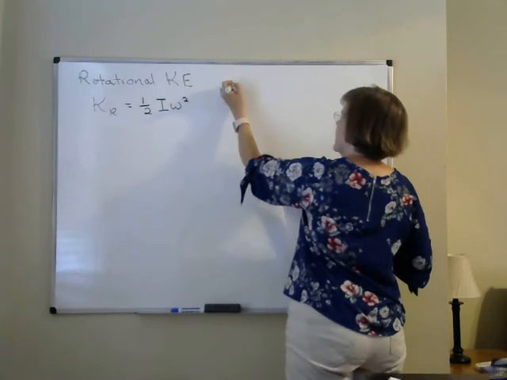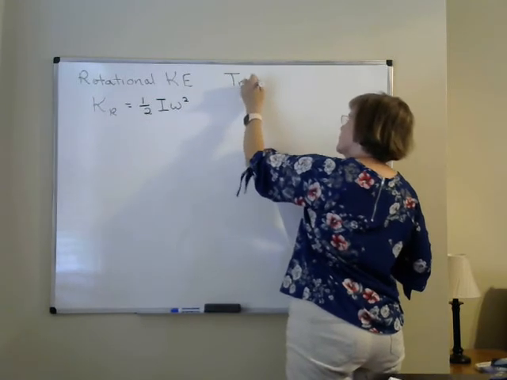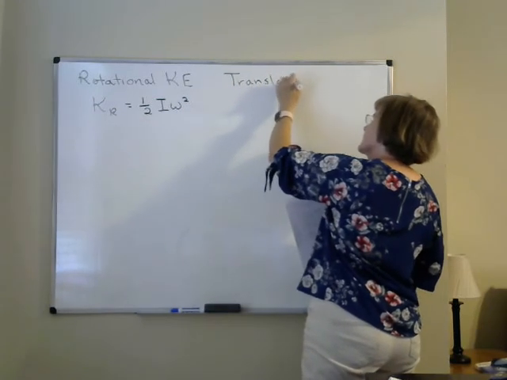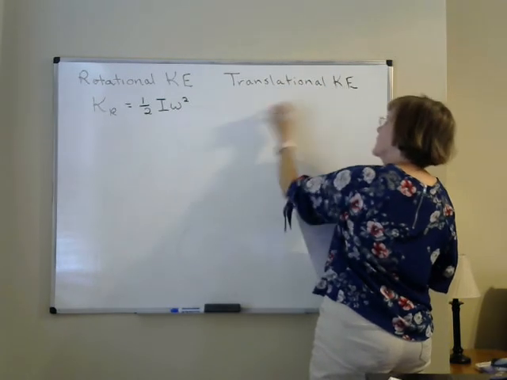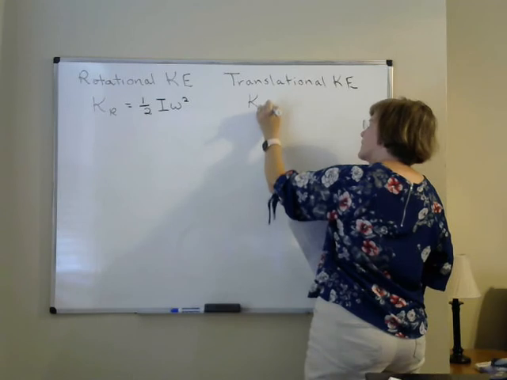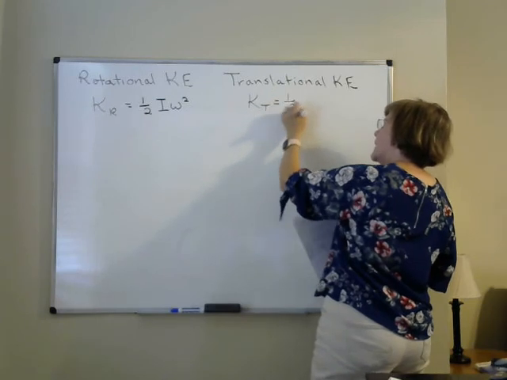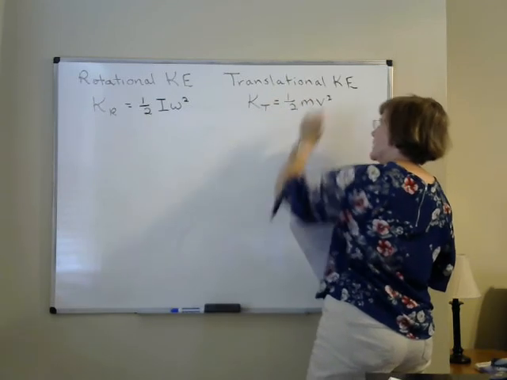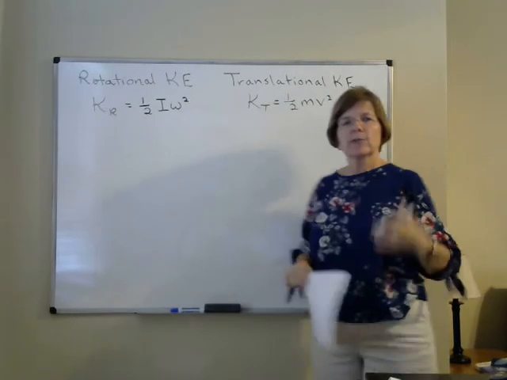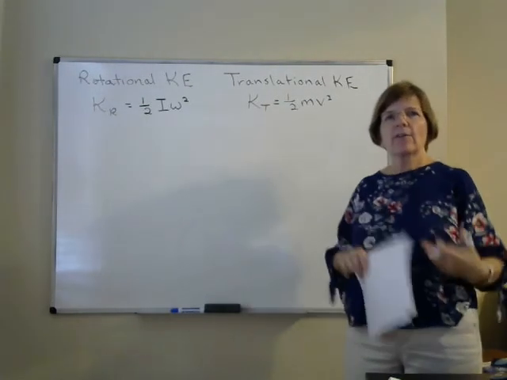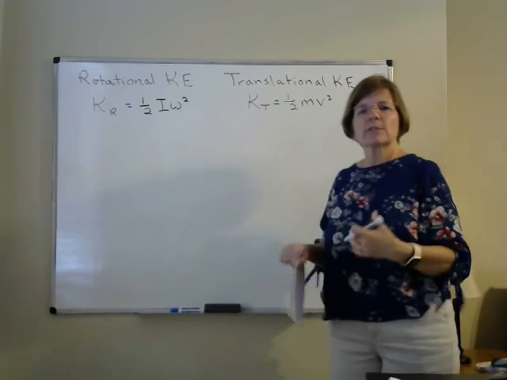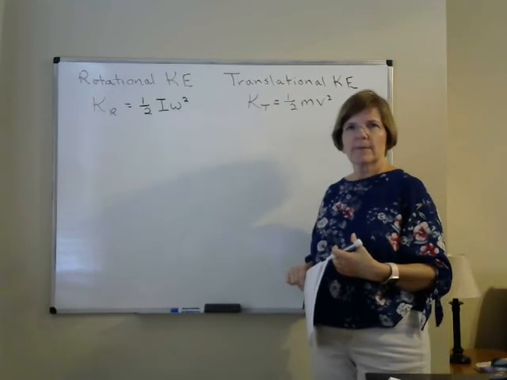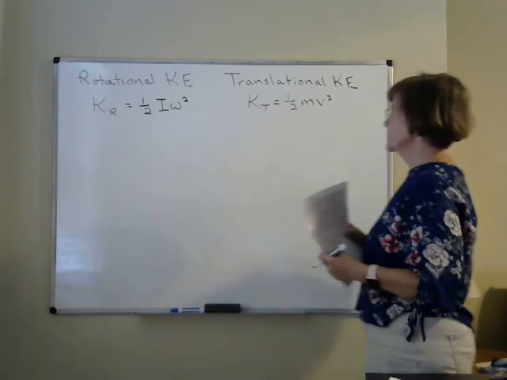If we're talking about translational kinetic energy, that's 1/2 mv squared. So it's like if we were learning our secret code and a turns into alpha and v turns into omega, the mass turns into the moment of inertia in all of the formulas that we're used to.